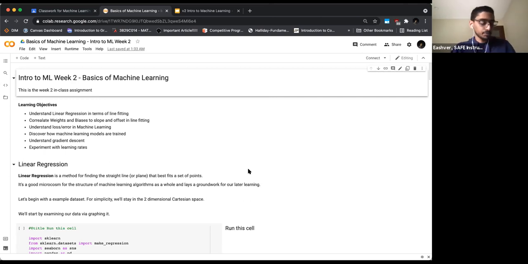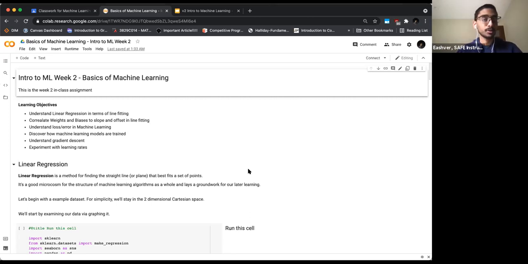So what we'll be learning today is you'll be creating your first machine learning model. That's exciting. You'll try to understand what linear regression is. We want to understand what weights and biases are and correlate them to the mathematical equations you've learned in your algebra classes.